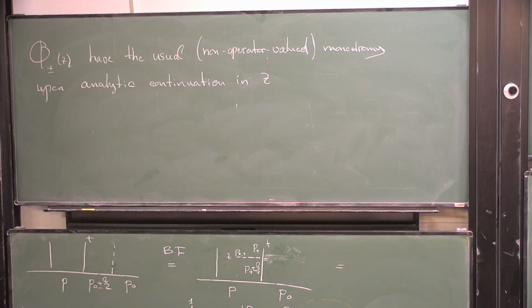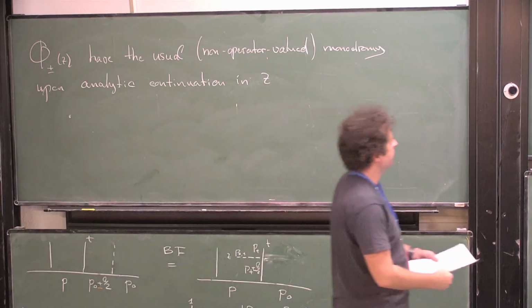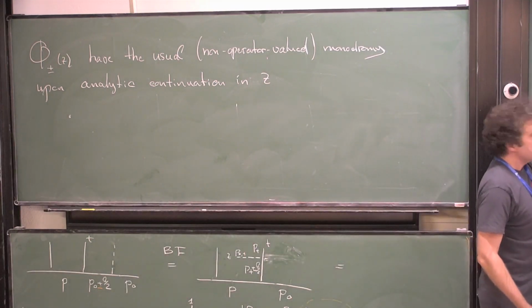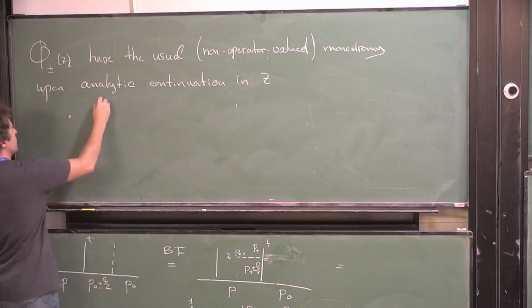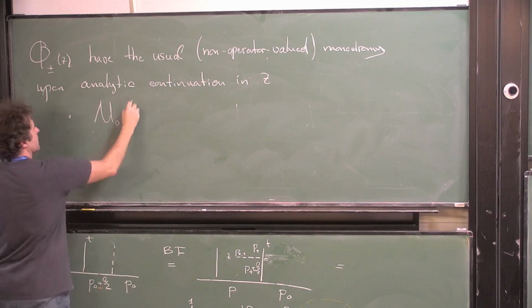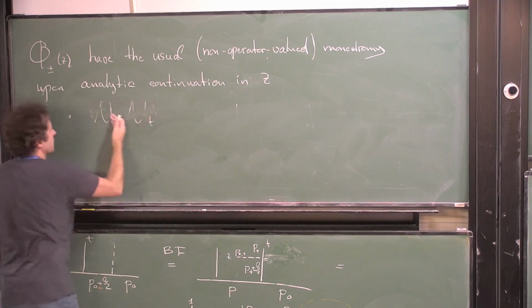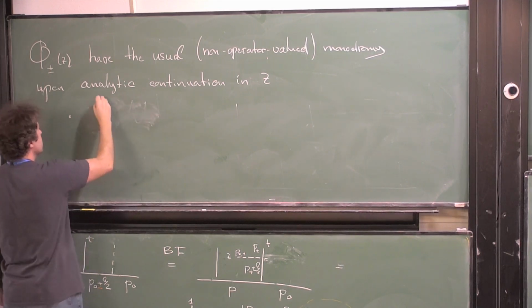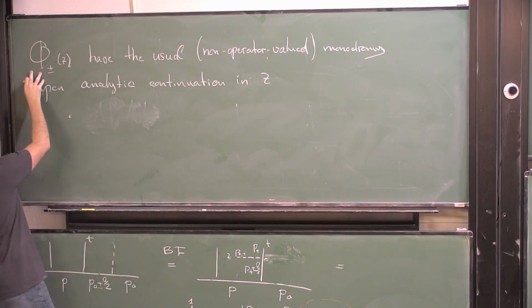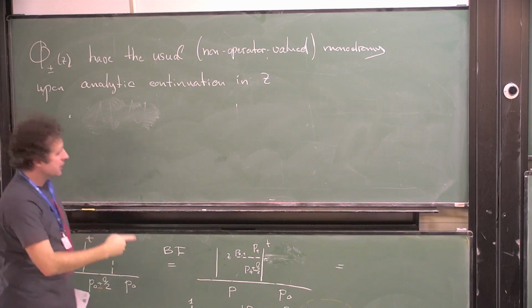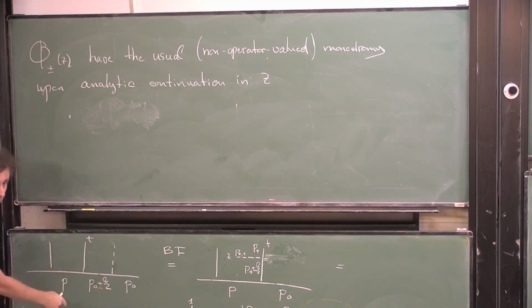And moreover, you can now see the structure of the coefficients of monodromy matrices. So, for example, suppose I want to continue this phi line analytically along the loop that we used before.